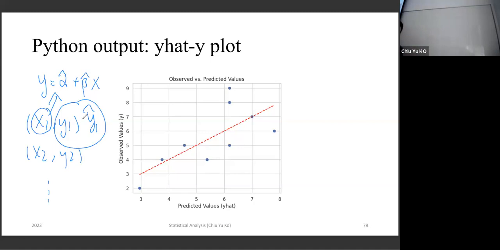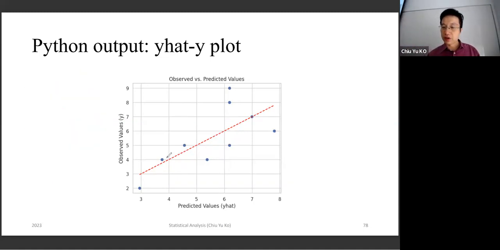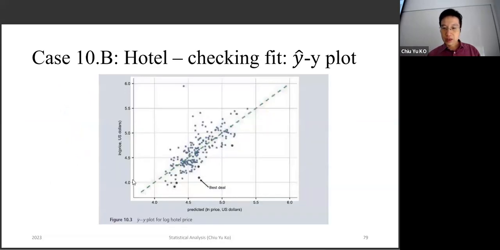Why is this important? Because the horizontal distance is important. Let me convince you why horizontal is important, why you plot it this way. Look at the example of the hotel.